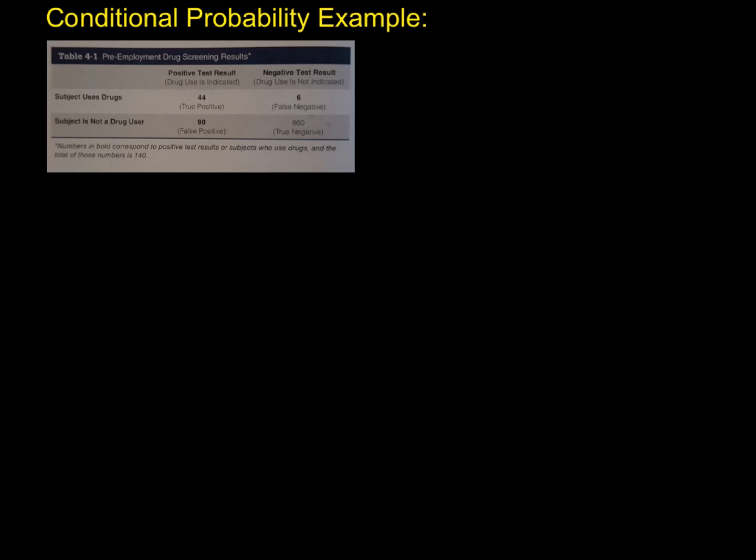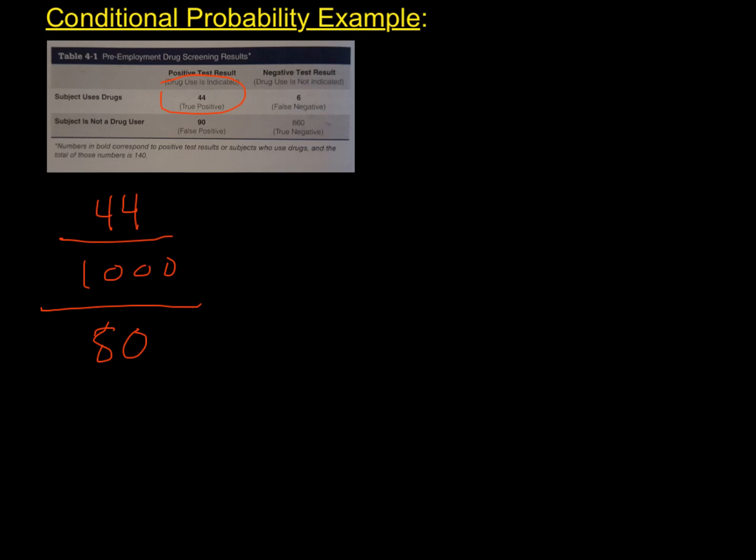So if I wanted to calculate the probability of a positive test result given that a subject uses drugs, what I would look for is first the positive test result and the subject uses drugs where they meet, which is right there with 44. So that's 44 out of 1,000 subjects in the total test, and I would divide that by the total of subjects who use drugs in the entire test, which is 50 out of 1,000.